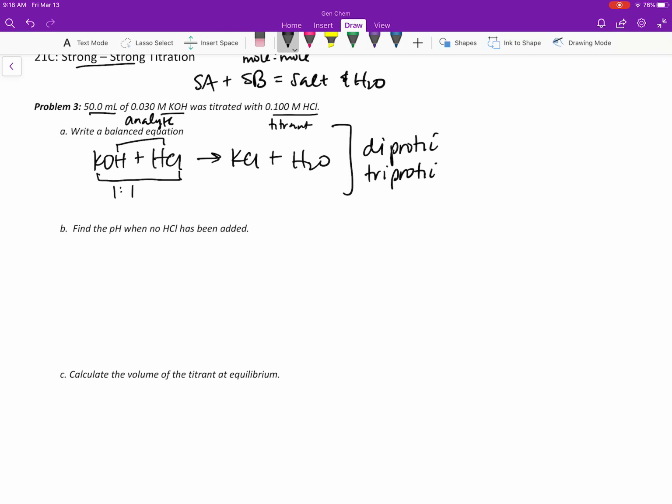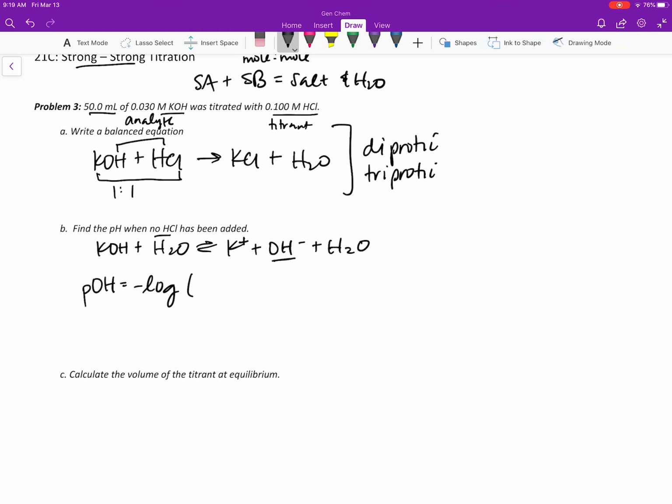So this says find the pH when no HCl has been added. So I'm only going to concern myself with the KOH. So remember that when we have KOH by itself with water, this is the predominant reaction that is occurring. It's the only source of hydroxide, therefore it's going to be the main contributor to the pOH.